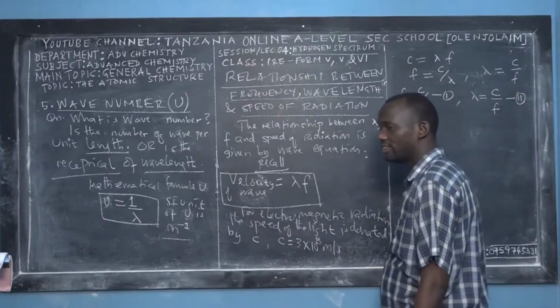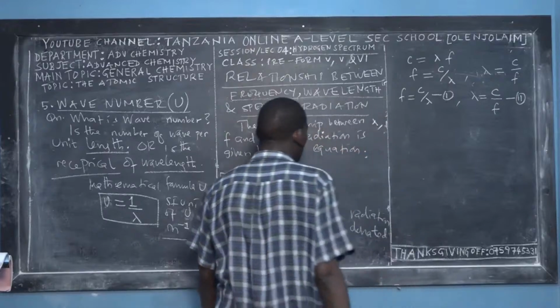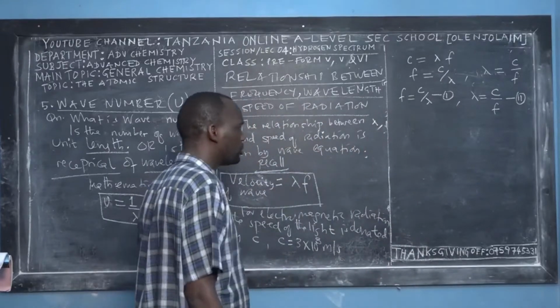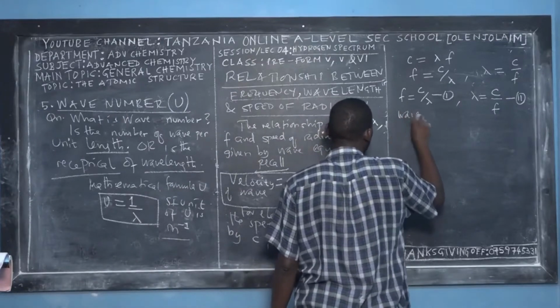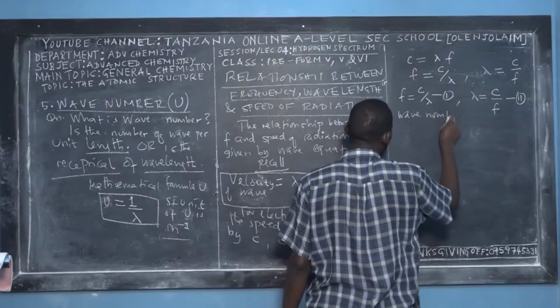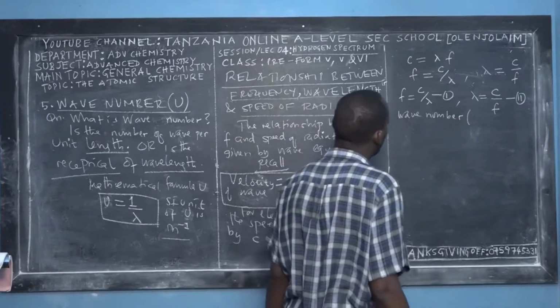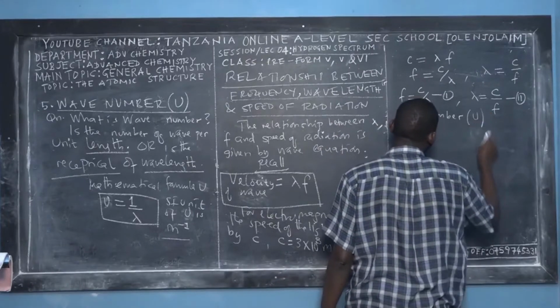So you have to bear these two relationships between those terms used in denoting the hydrogen spectrum. Again, we have another term that we call the wave number. We can also have its mathematical formula, and for the wave number we say that this is given as this symbol.